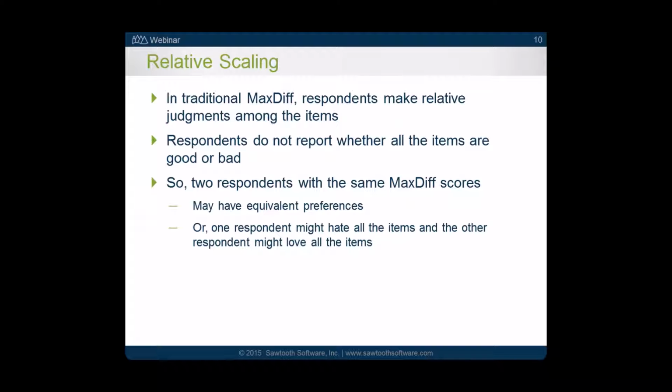If you're doing MaxDiff scaling not only to prioritize, but to draw a line and say the products or things that we're testing above a certain point are good and the things below that point are bad, and we want an objective point of reference, we're going to need to anchor our MaxDiff data, and that's what this section's about.